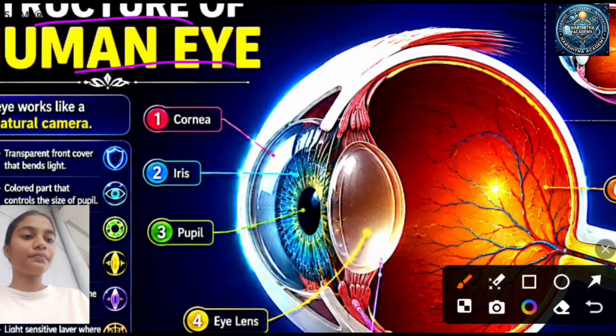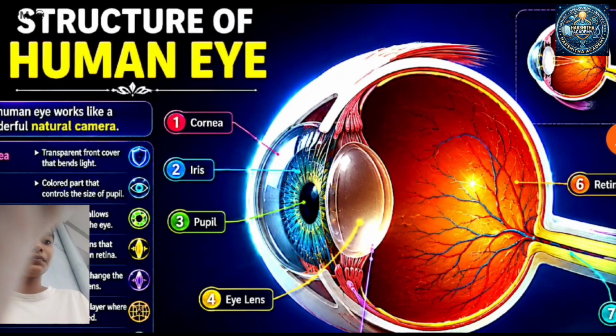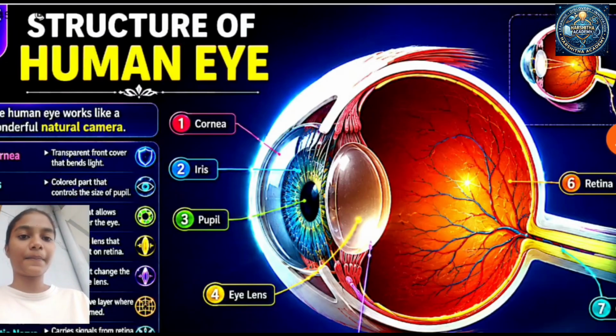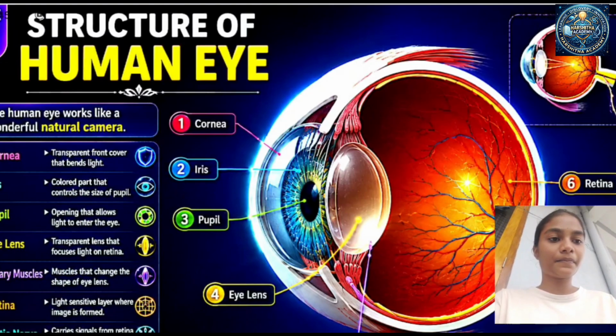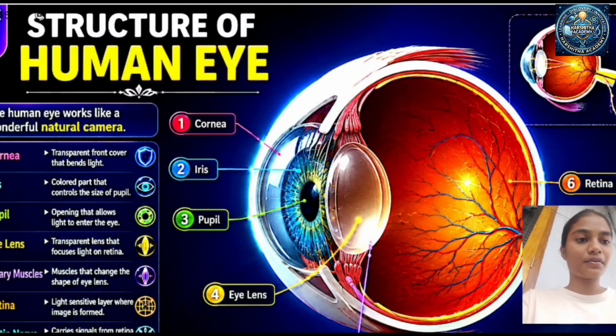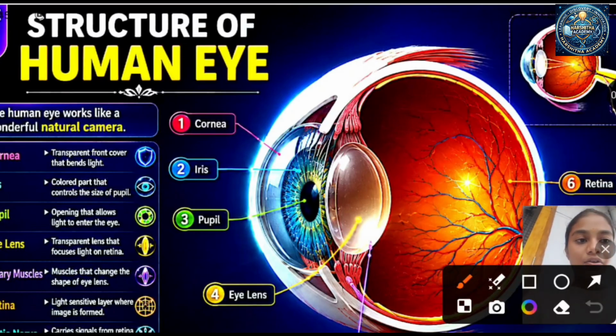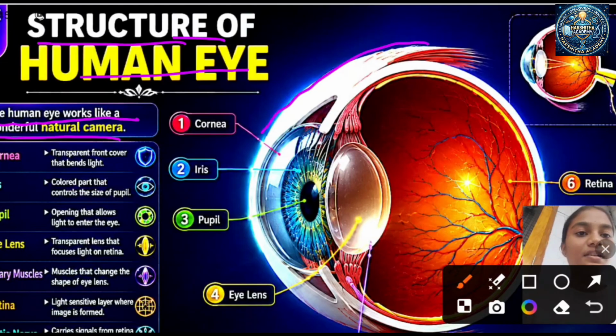I think it's visible. You're looking here, it's the structure of the human eye. The human eye works like a wonderful natural camera. Do you know what the transparent membrane covering this eyeball is?